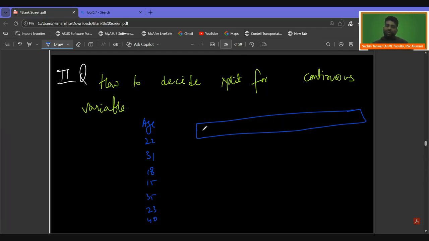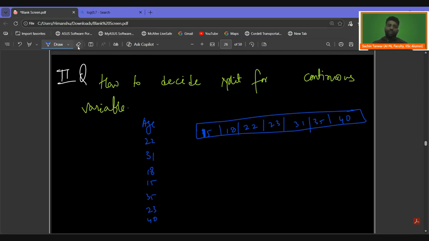So what are the values I'm getting? Sorry, there was 15 as well. So 15, 18, then 22, then 23, then 31, then 35, then 40.